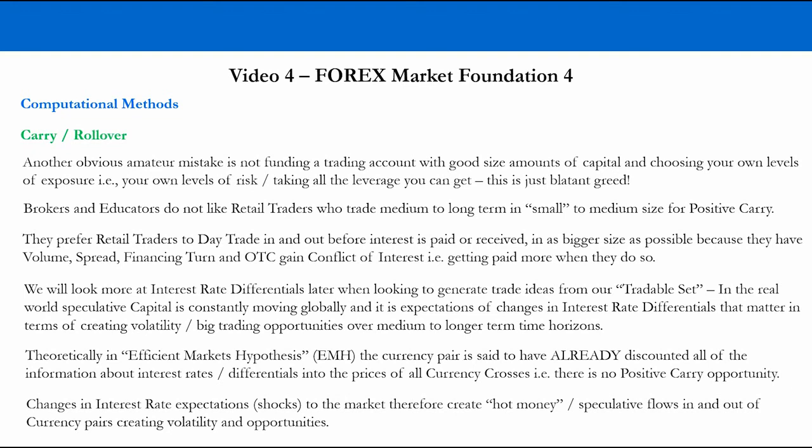So if expectations of interest rates are set to narrow, hot money will flow out of the negative carry. And if interest rate differentials are expected to widen, hot money will flow into the positive carry.